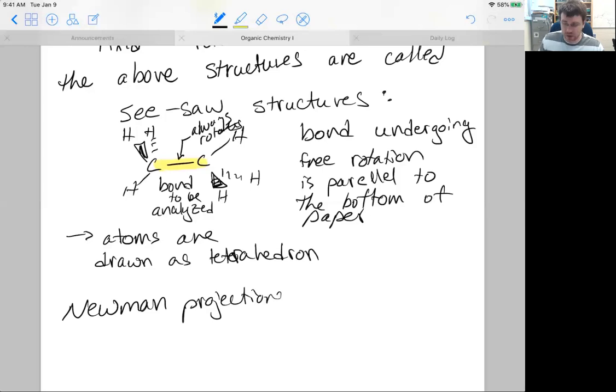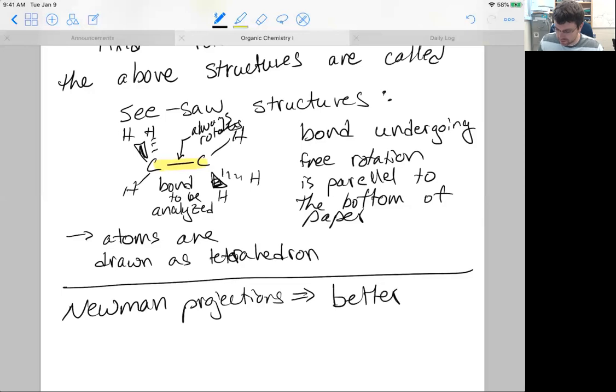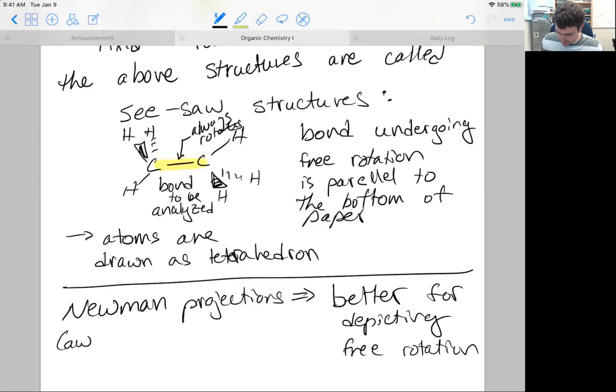Newman projections are less intuitive, at first a bit awkward, but in the grand scheme of things, much better. It's not hard, it's just awkward at the start. So it's much better to be sure, but it is awkward at first.